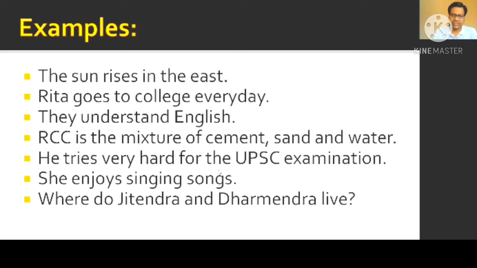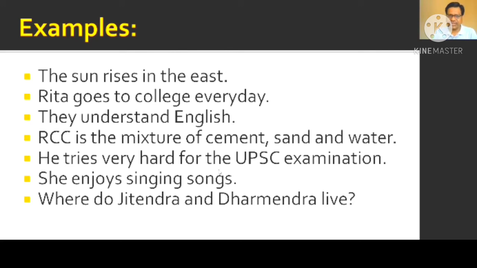Where do Jitendra and Dharmendra live? Jitendra and Dharmendra is a combined subject of the sentence. Do is the auxiliary verb, live is the main verb, and where is the interrogative word.